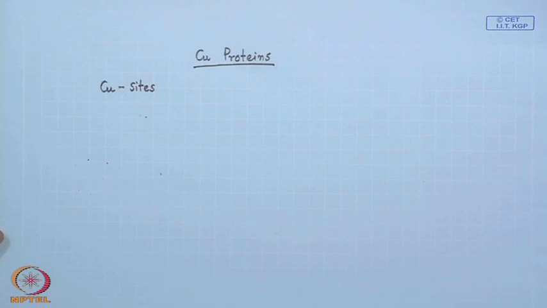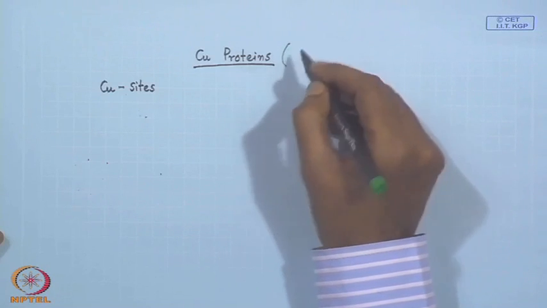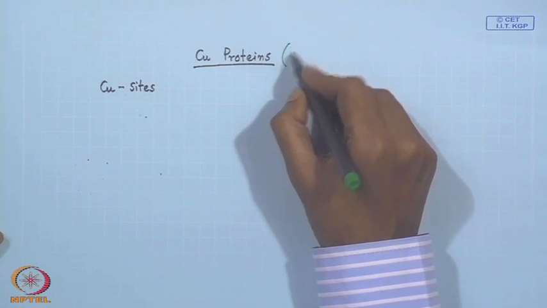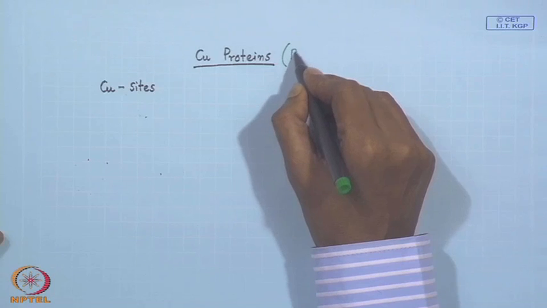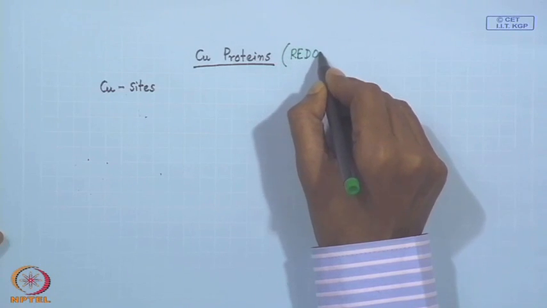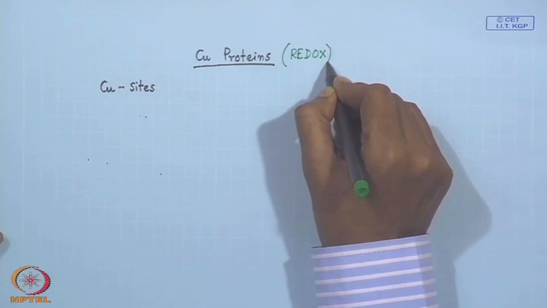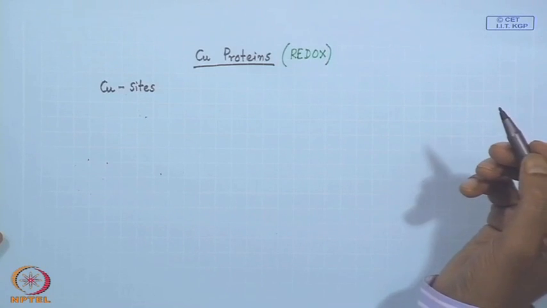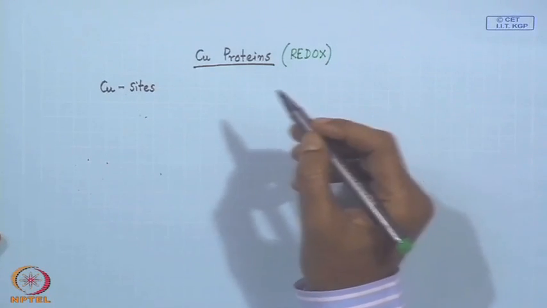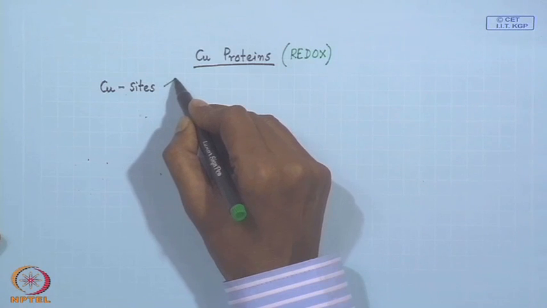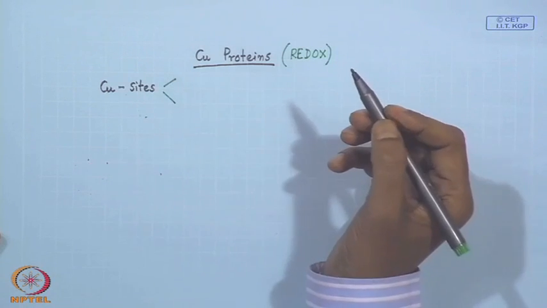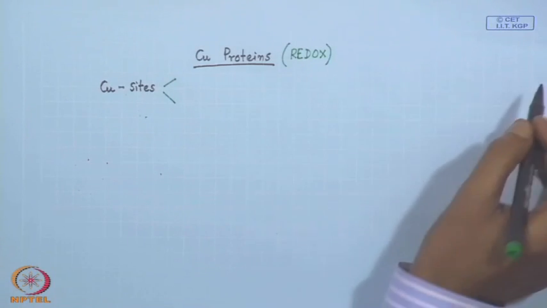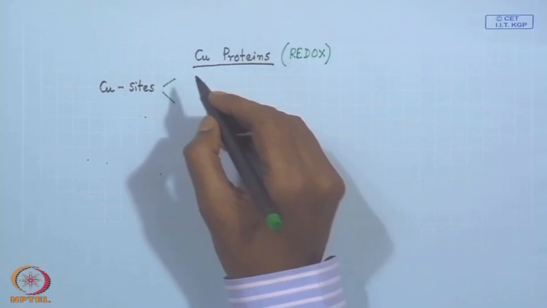So, different copper redox proteins, because we are looking for some electron transfer behavior. So, these are electron transport proteins again, the copper based redox proteins. Like iron, copper can also settle between the oxidation states +1 and +2, the cuprous as well as the cupric.